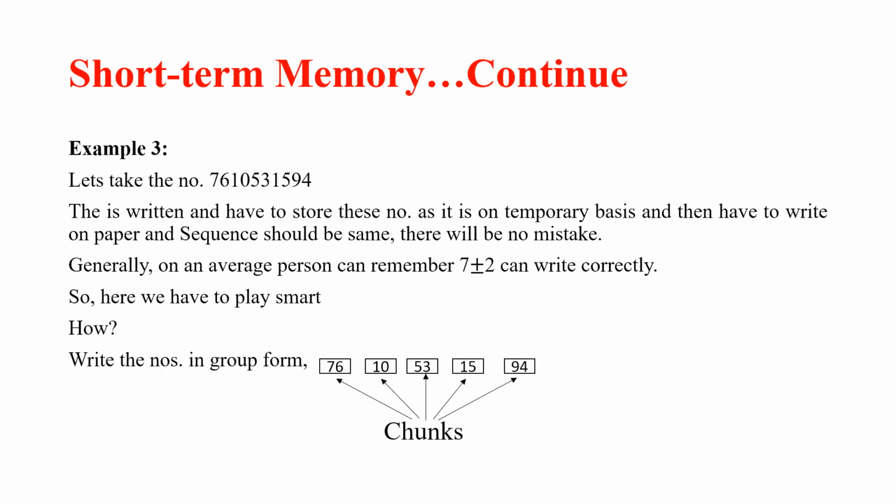The example is, let us take the number 7610531594. The number is written, and what you have to do is store this number as it is on a temporary basis, and then write it on paper.